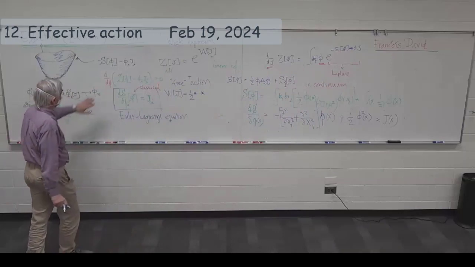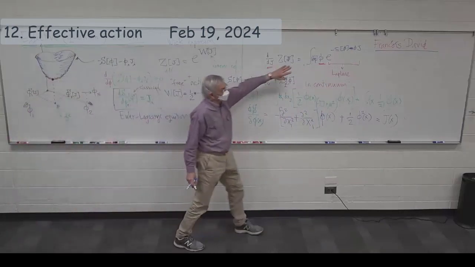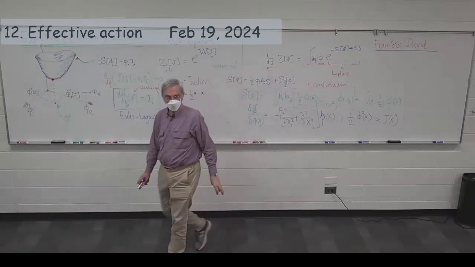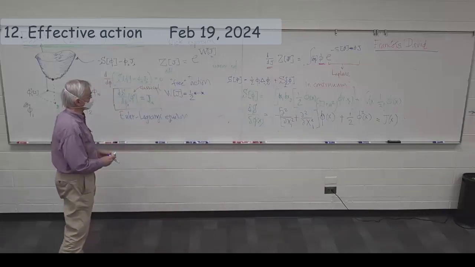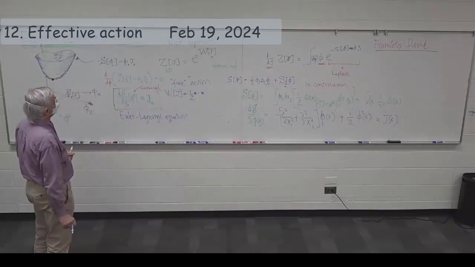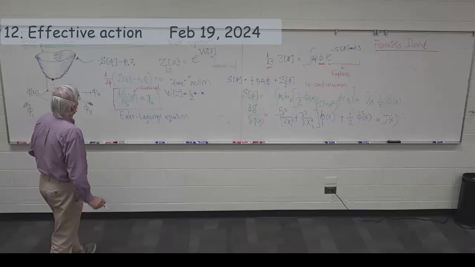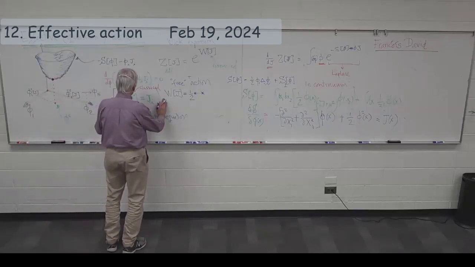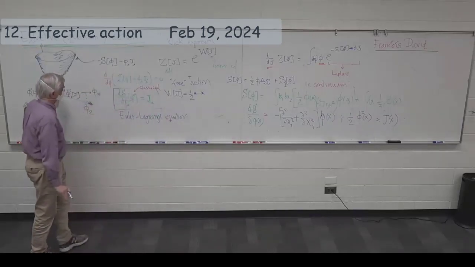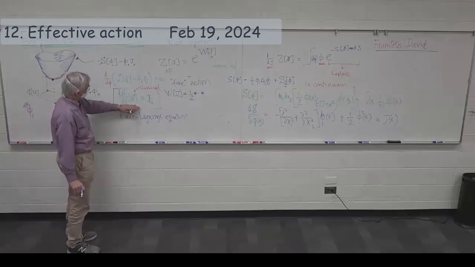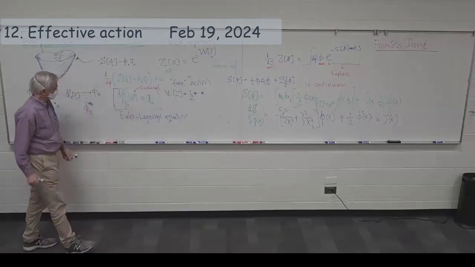And again, I'm being sloppy about i's and h bars, etc. You can put them in if you want to put them in. That's fine. But the main idea is that you can compute for any classical field, you can compute this quantity.